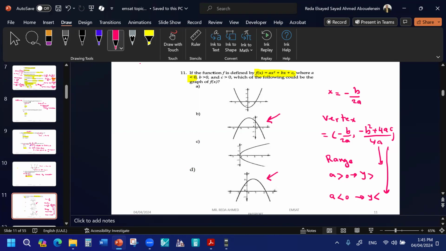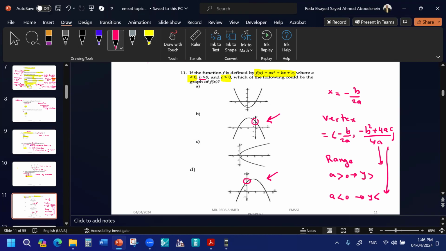Okay, b greater than 0, we'll talk about this later. c greater than 0 means if we put x equals 0, the y-intercept will be positive. Here y-intercept is positive, here y-intercept is positive.